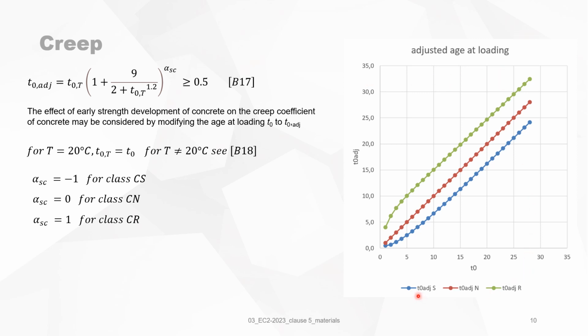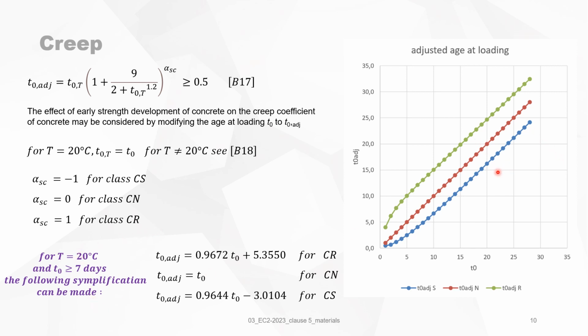On the other side, if you have slow hardening cement, then instead of 28 days, you need something like 24 days to put in the formulas, which is also not a big difference.